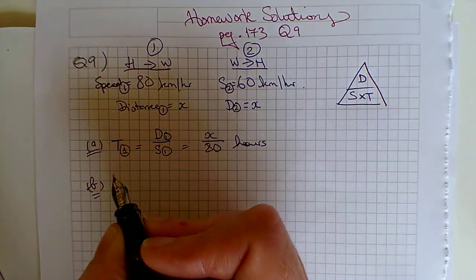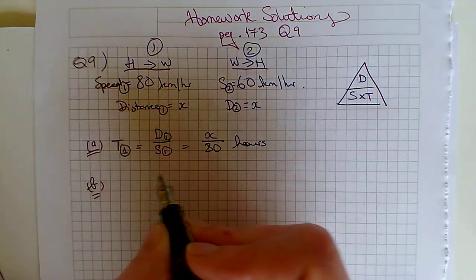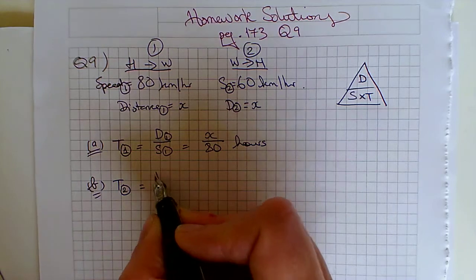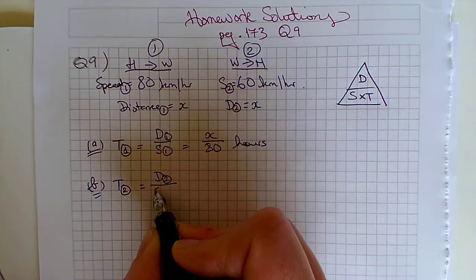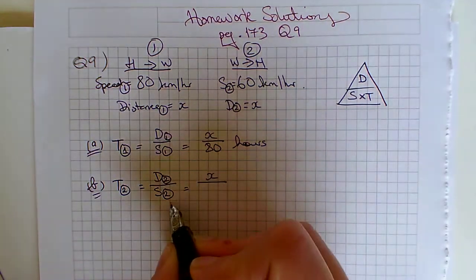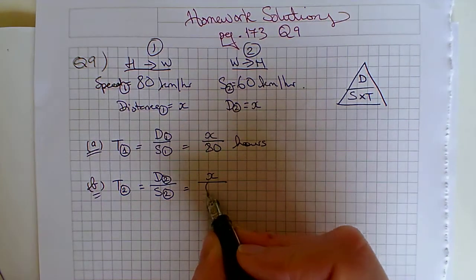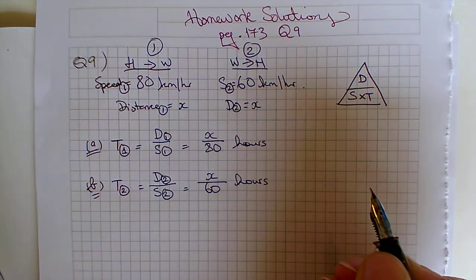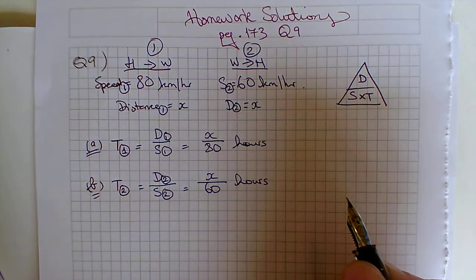Part B then asked us to write an expression for the time taken for his journey home. So the second time is the second distance divided by the second speed. Well, the second distance is still just x, but the second speed is 60. So x over 60 hours.